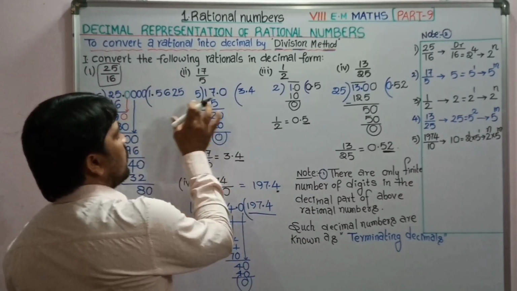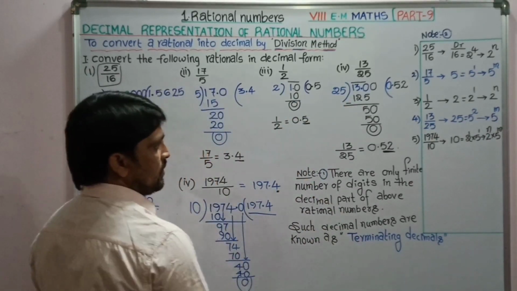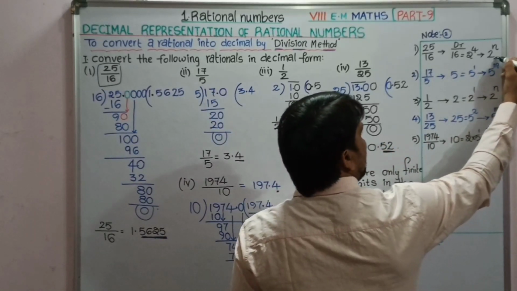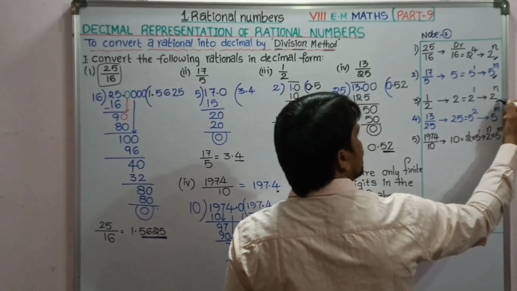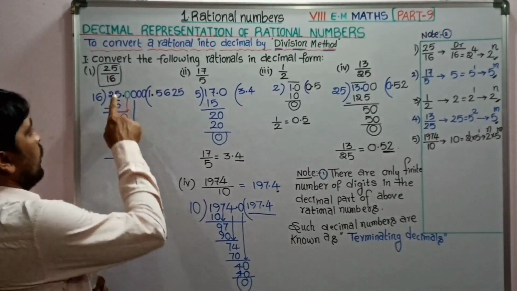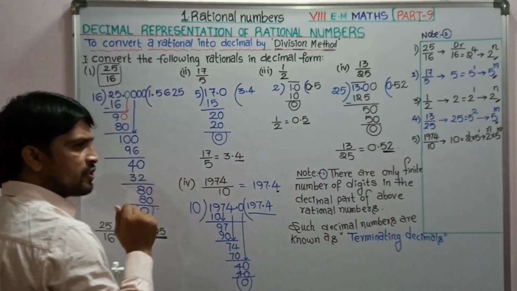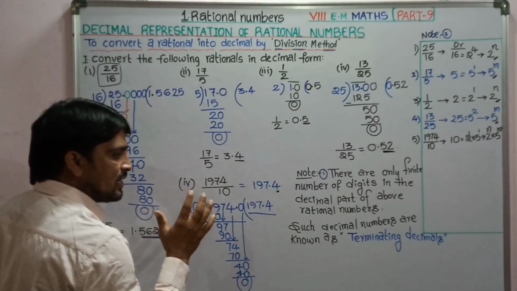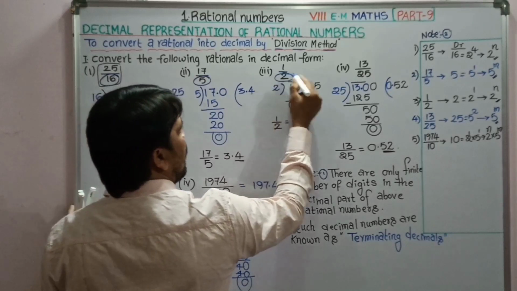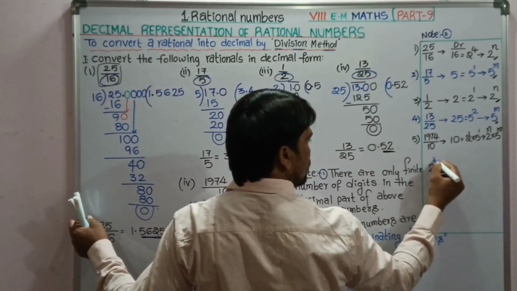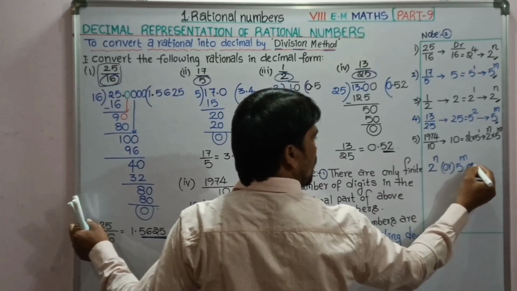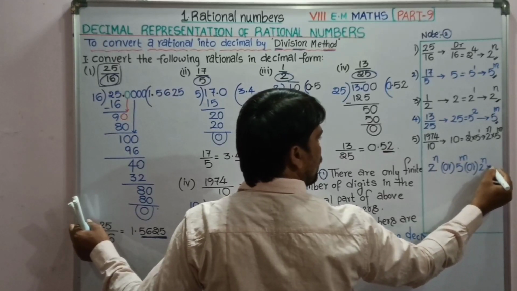So if a rational number is a terminating decimal, then its denominator is of the form either 2 power n or 5 power m or 2 power n into 5 power m.